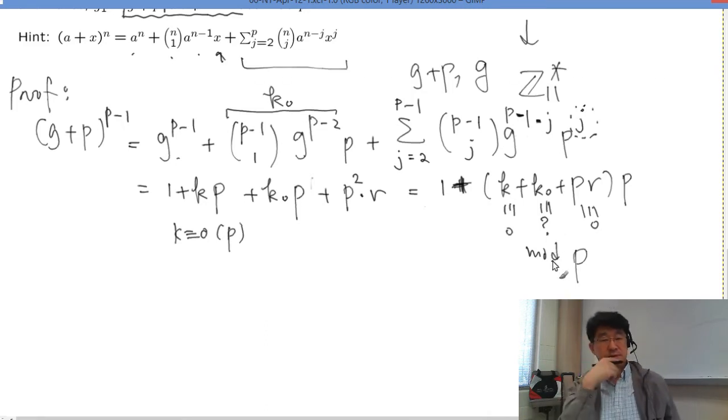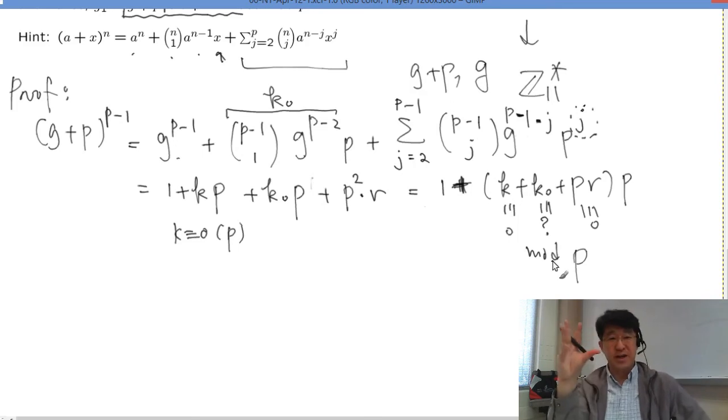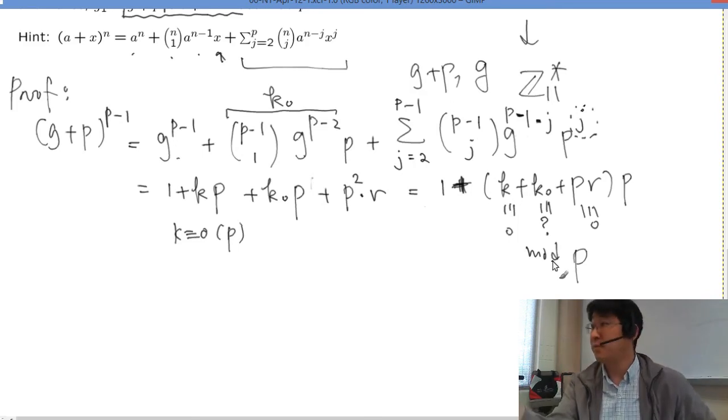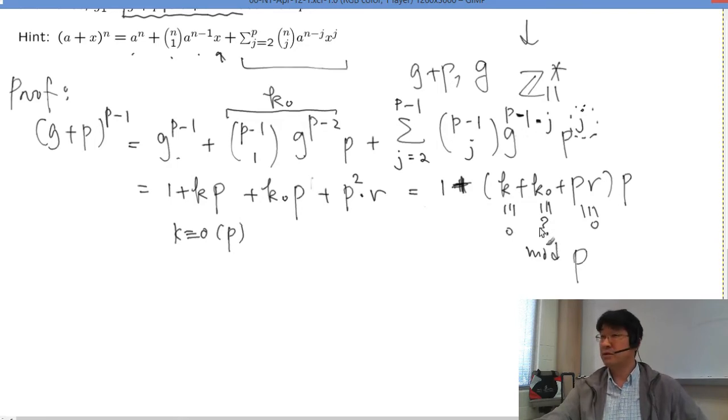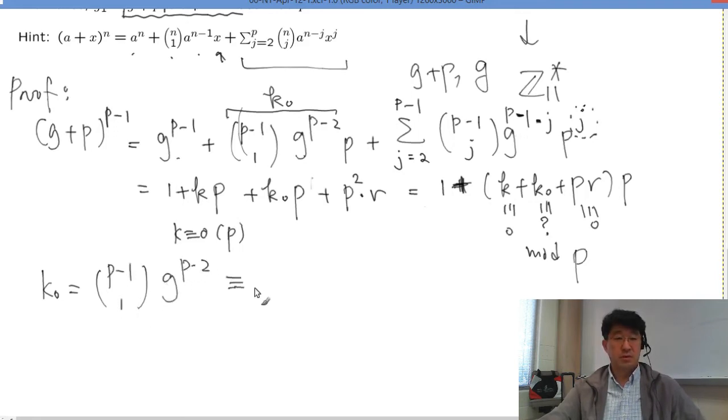Right? That's k0. Who can explain why the k0 I bracket in there is not 0 mod p? Then I conclude that thing is not 0 mod p. Is that right? So here I'm looking at that guy. That's not 0 mod p. Why is that? k0, by definition, is this, g to the p minus 2, mod p.